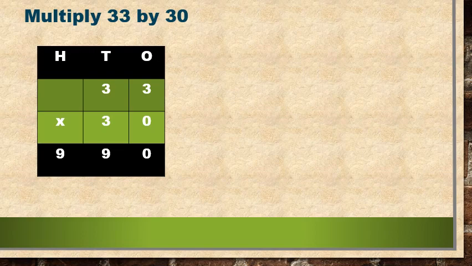So we are going to write 0 to the right of the product, that is 99 over here. So the final product is 990. So the answer will be 990. Okay.